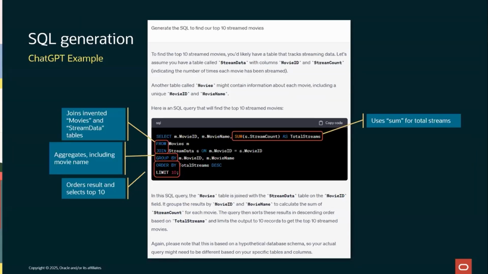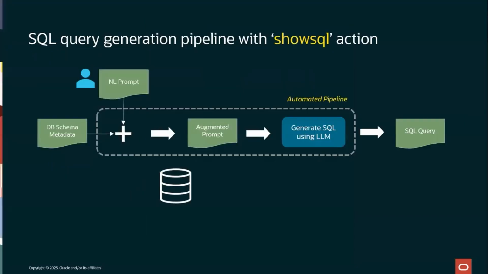While it produced a syntactically correct query, it had to invent or hallucinate the table's movies and stream data as well as their columns. And it correctly performed the aggregation and ordering and skimmed off the top 10 rows. And of course, the problem is that if we tried to run this query on our database, we'd expect it to fail as our tables are likely different.